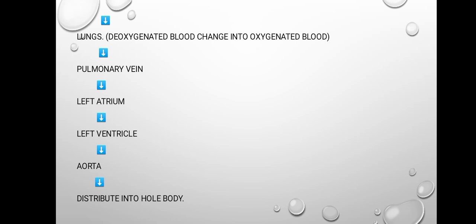Then oxygenated blood is carried by pulmonary veins, which are also present on both sides of the lungs, which deliver blood directly to the left atrium, and the left atrium sends this blood to the left ventricle through the opening of the bicuspid valve. Afterwards, the eventual part is the aorta. The aorta distributes oxygenated blood to the whole body, to the upper body parts and lower body parts equally.